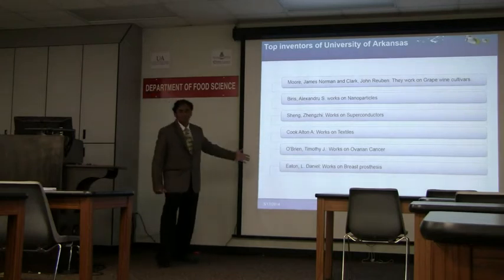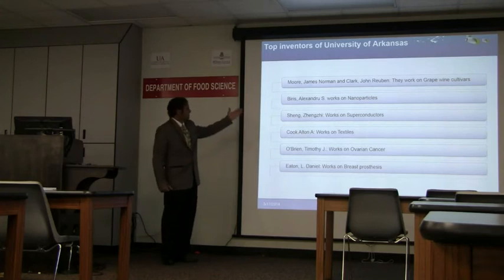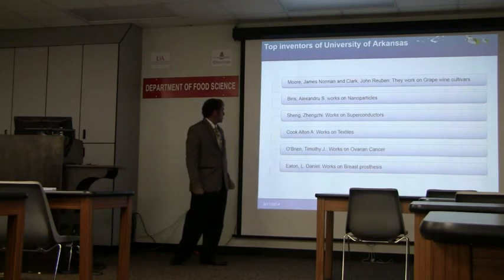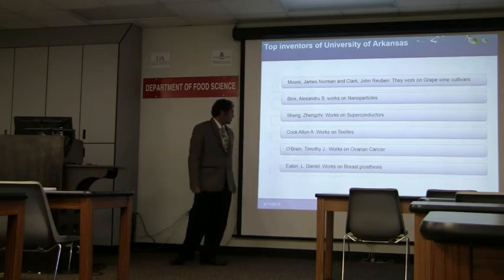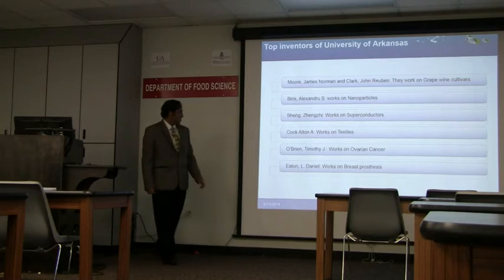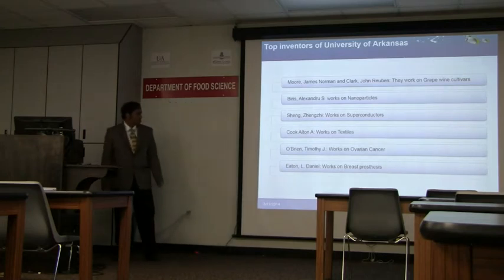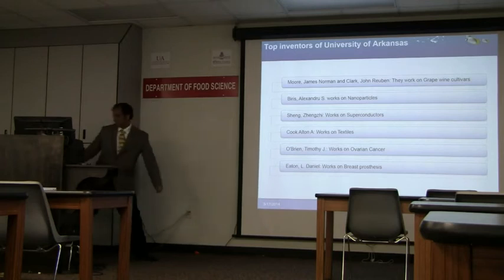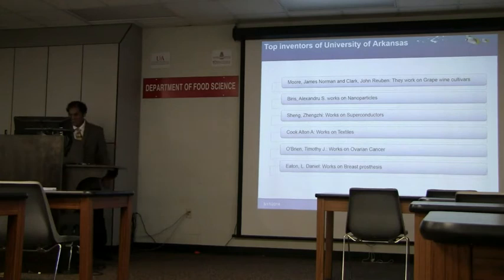Briz works on nanoparticles, Sheng Zensky works on superconductors, Cook Arton works on textiles, and Dr. O'Brien Timothy works on ovarian cancer. Similarly, Eaton and Daniel work on test processes. There were many others which I didn't list, but these are the top inventors in the university.